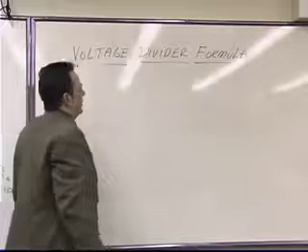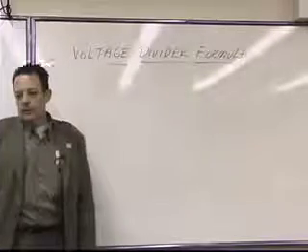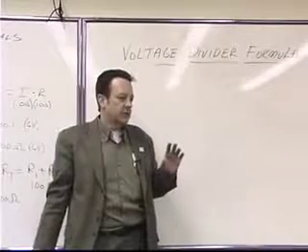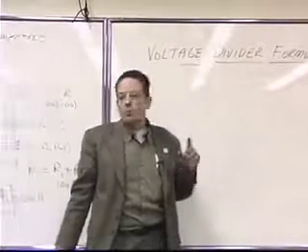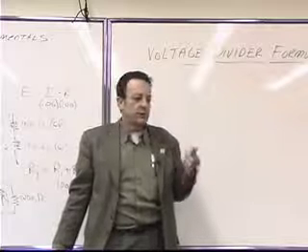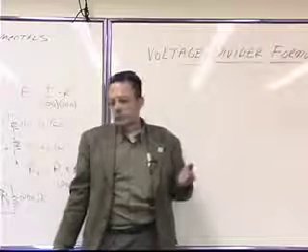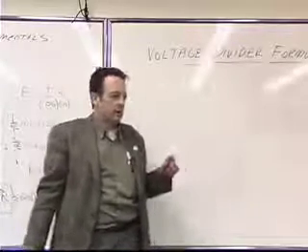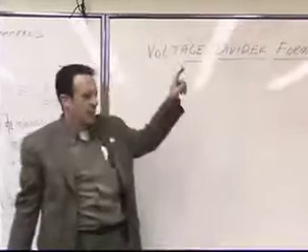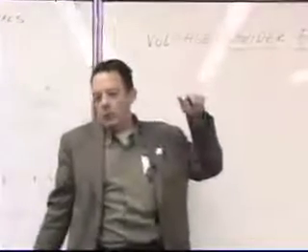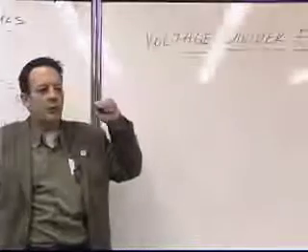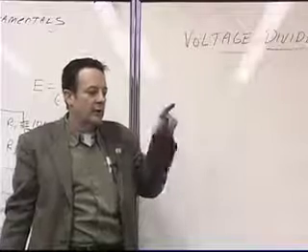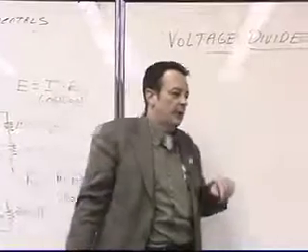There's a formula that we're going to learn where we can figure out the voltage drop across the resistor by just using the ratios of the resistors and the source voltage. So see if you can find that. Look in the index of your book, look up voltage divider formula, and then turn to the page where it has the formula and tell me what the formula is. I know the formula, but I want you to do that so that if you forget it, you know how to go find it.